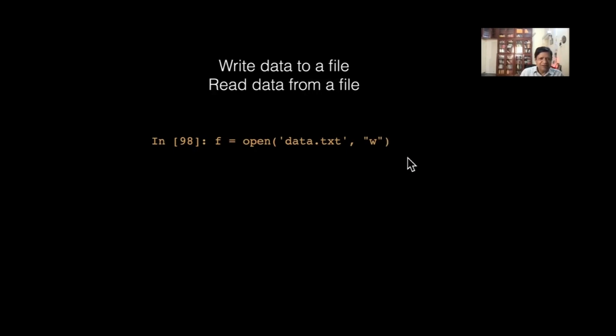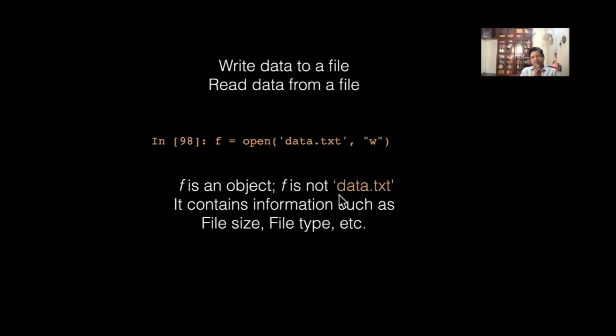Now please note that this f is also called a file. So this is called a file, and this is also called a file. But f is different from the name data.txt. F is more than data.txt. F is an object of Python, and for this object data.txt is only a name.